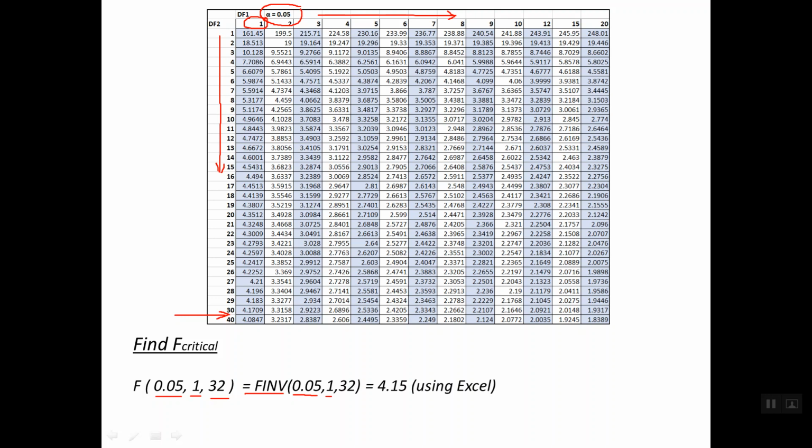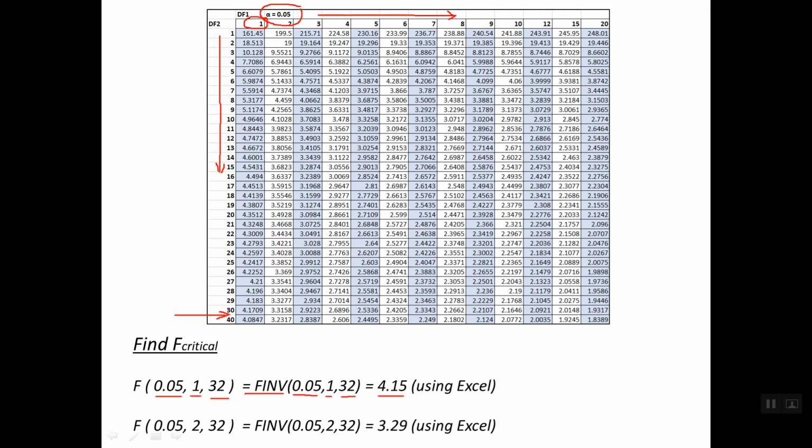Then it asks for the first degree of freedom, which is 1, and the second degree of freedom, which is 32. So simply the critical value will be 4.15. Of course, Excel will give you a precise value for F, but we round it to two digits. So this is the first critical value.